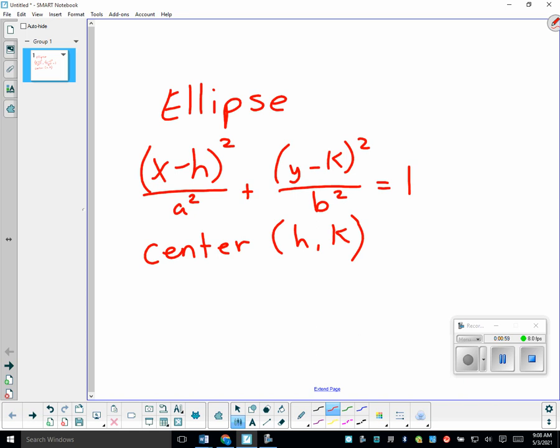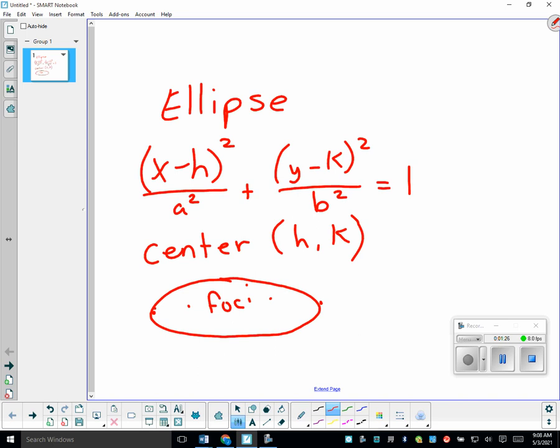In an ellipse, if an ellipse looks like this, these are called my vertices. This and this are called the foci, which is the plural of focus, just if you don't know that.